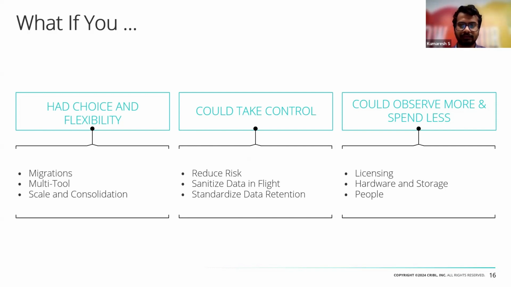What if you could transform the data before it reaches the destination so that you can standardize the data retention, sanitize the data in flight, and observe more while spending less? This is pretty much the theme of this session today. Pay for what is needed, observe what needs to be observed, but spend less while doing so. And this implication is on licensing, hardware, storage, and people cost.